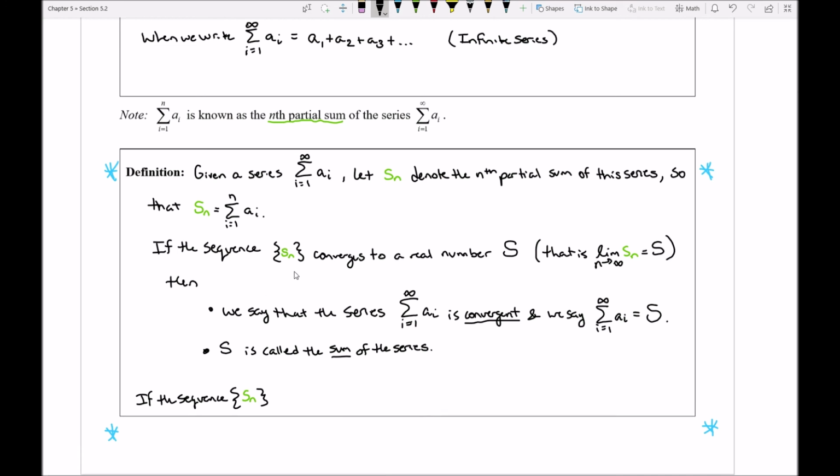I do the limit of a sequence and I get something that results in divergent. So if this sequence is divergent, then the series, this infinite addition problem, is called divergent.